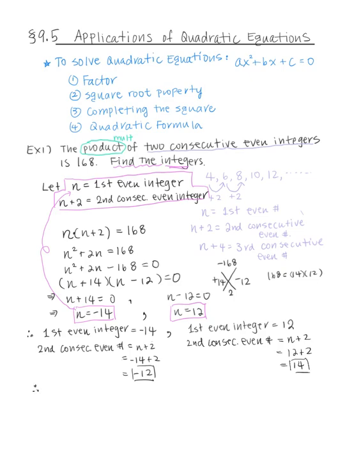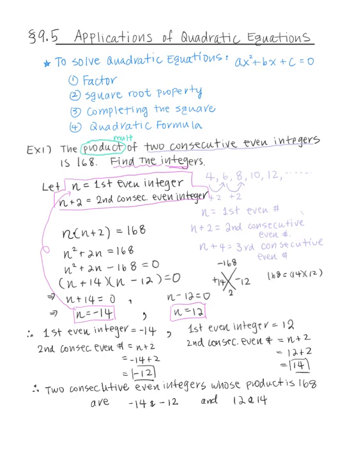So therefore, two consecutive even integers whose product is 168 are, let's see, the first set is negative 14 and negative 12, and maybe 12 and 14.